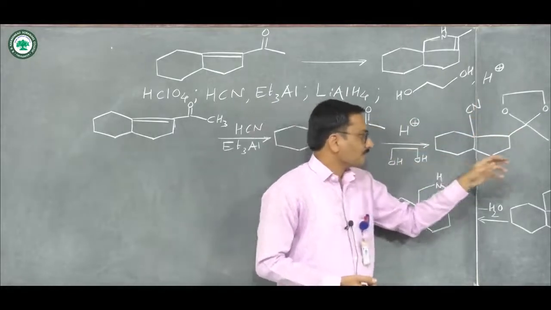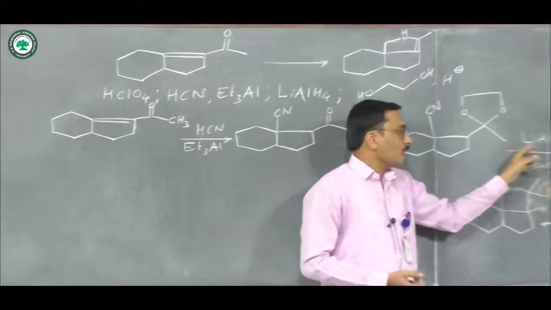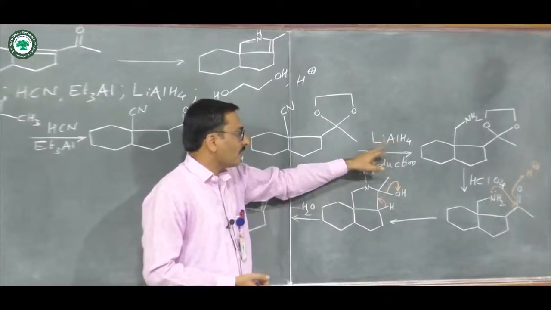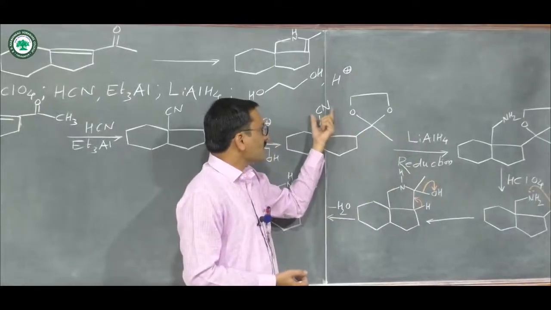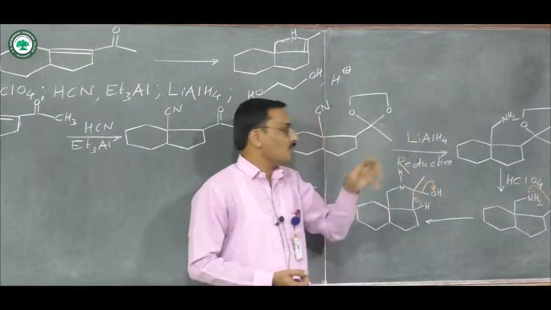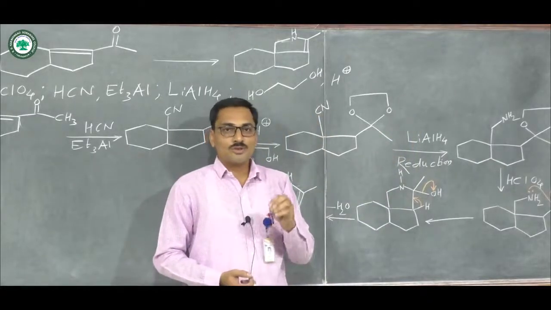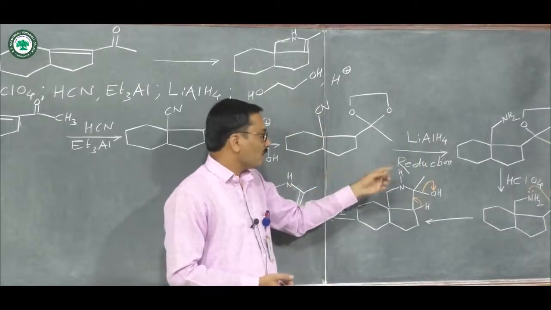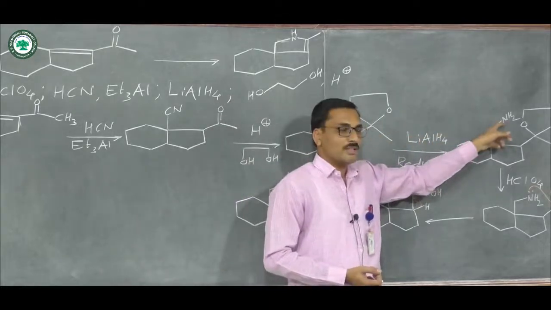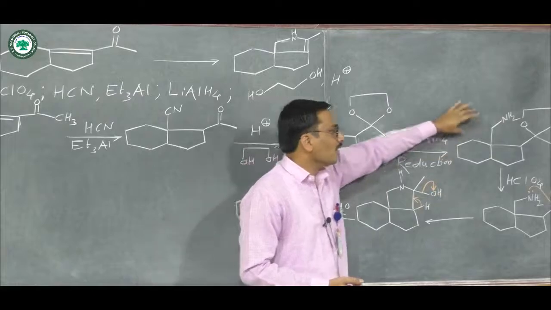In the next step we use lithium aluminum hydride as a reducing agent. This lithium aluminum hydride reduces CN into CH2NH2. Lithium aluminum hydride is a strong reducing agent, therefore it reduces CN into CH2NH2, that is, the nitrile undergoes reduction into the amine.